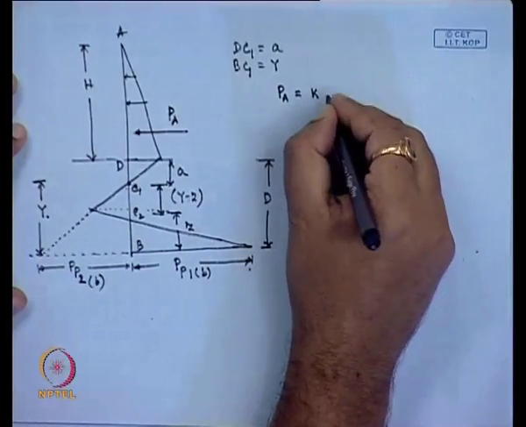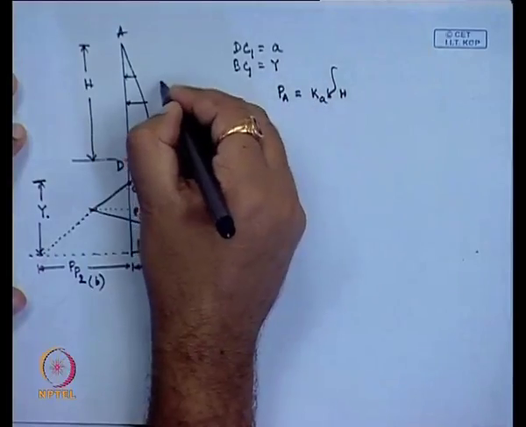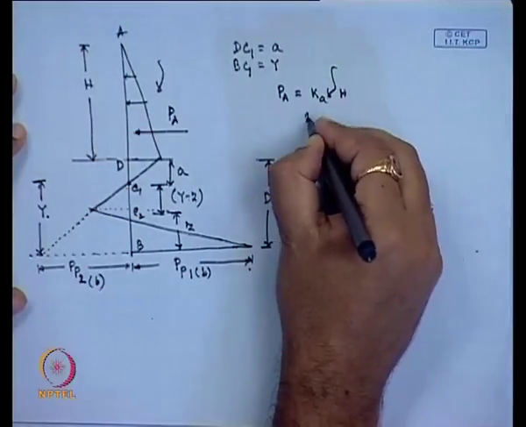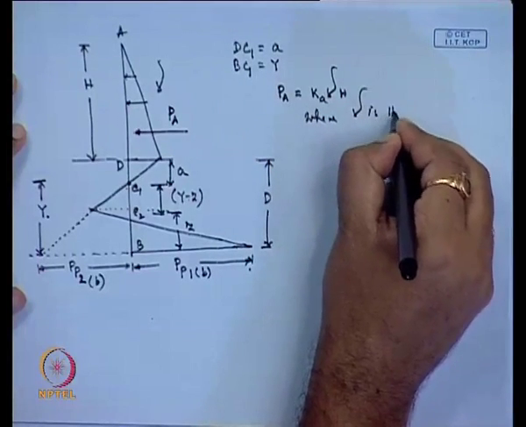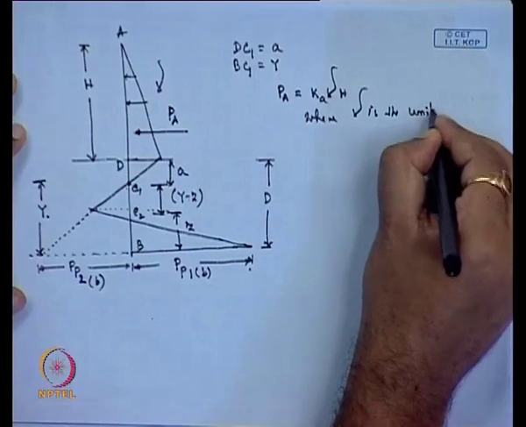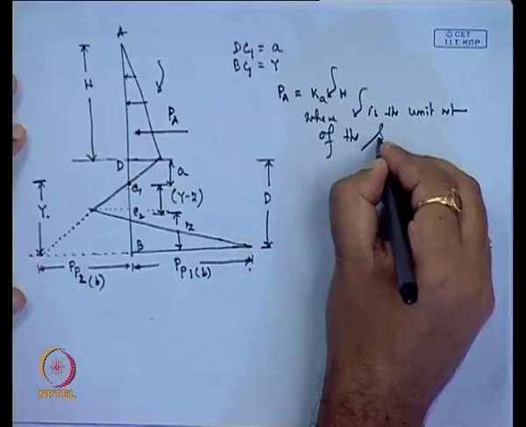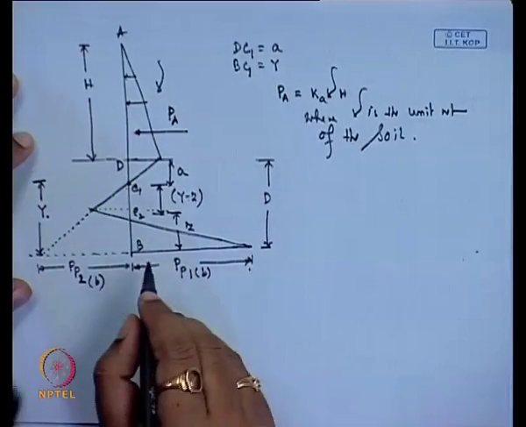So this P A is K A into gamma into H, where gamma is the unit weight of the soil and K A is the coefficient of active earth pressure.